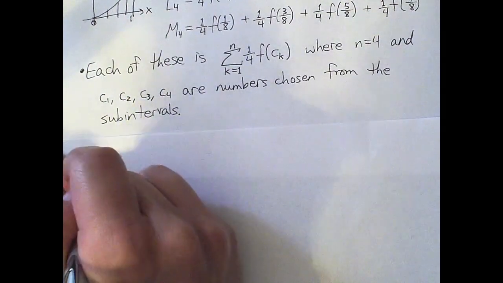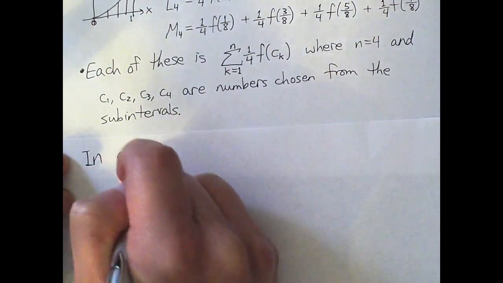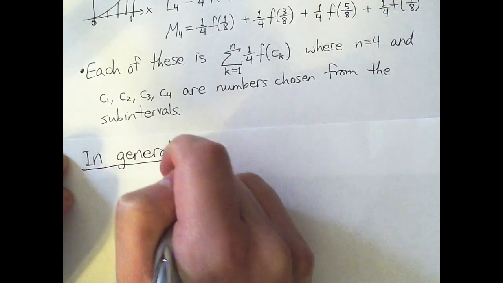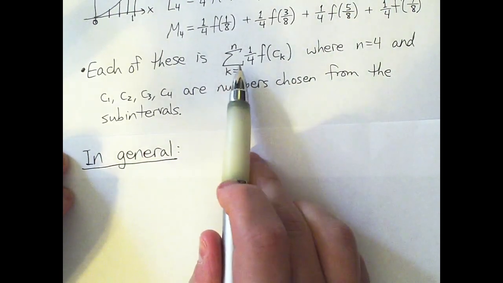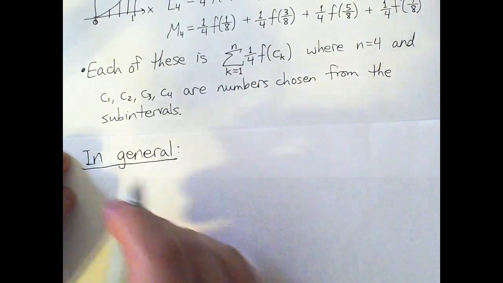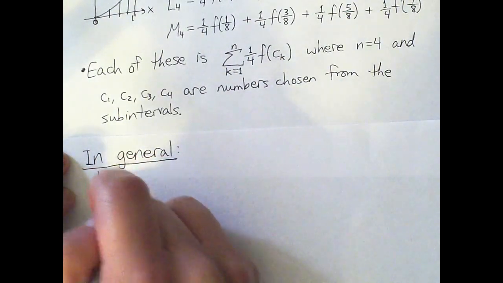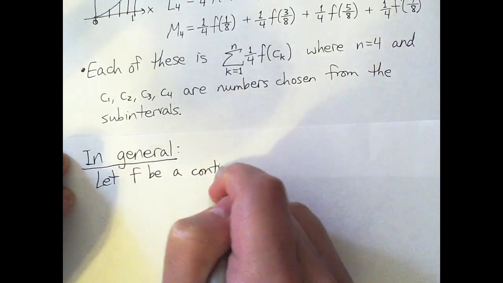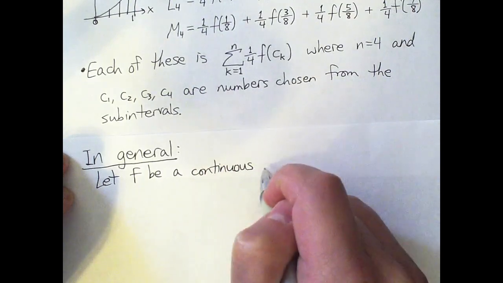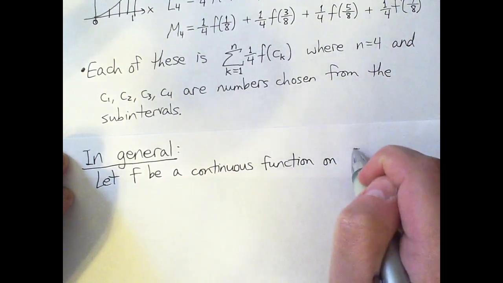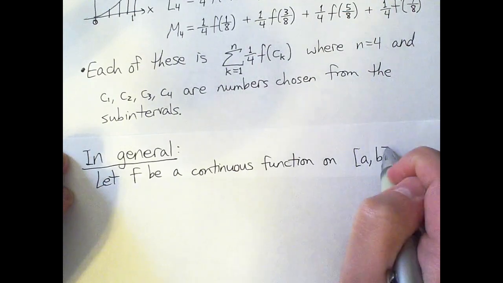Now, that was a good revisiting of what we did, and now we see that the sums we were doing in the previous lesson could be written with sigma notation. In general, let f be a continuous function on the interval from a to b.